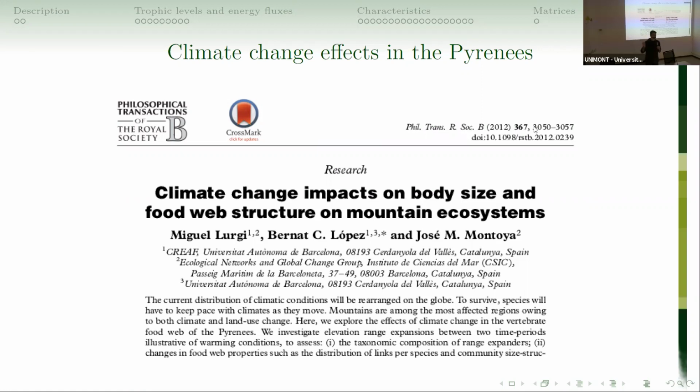Now there's no limitation in terms of computer power, so there are many people that use this approach of food webs. The only thing you need to know is the food interactions, right? You have to know who is who. But if you are able to build the links, then it's easy. Well, nothing is easy, but it's possible.